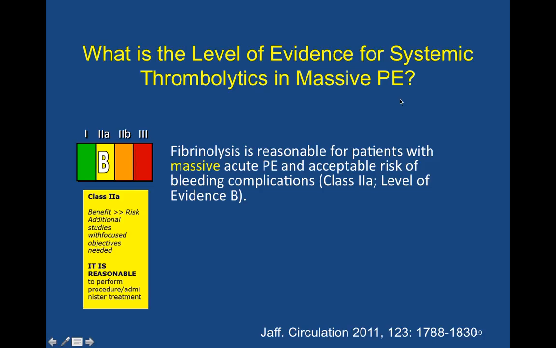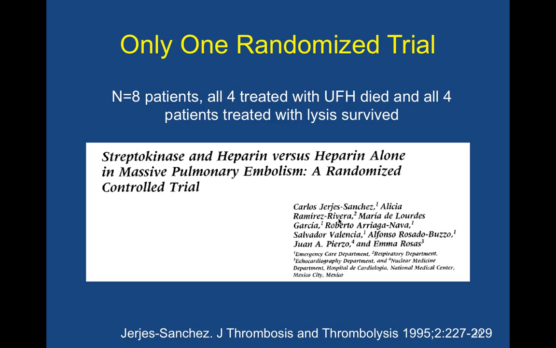Again, these are the patients that have hypotension. If you want to give them systemic thrombolytics, the guidelines do not give them class 1. Class 1 is something that's highly recommended. Class 2 is reasonable. So the guidelines say it's reasonable for patients with massive PE to be treated with systemic lytics if they have low risk for bleeding complications.